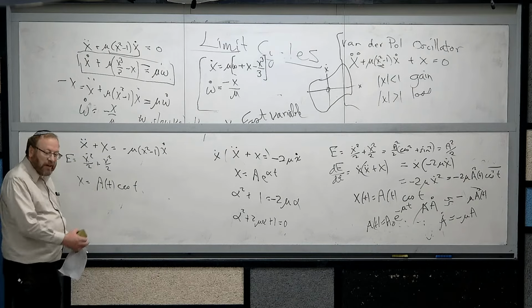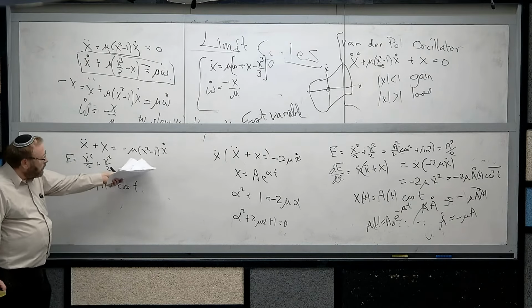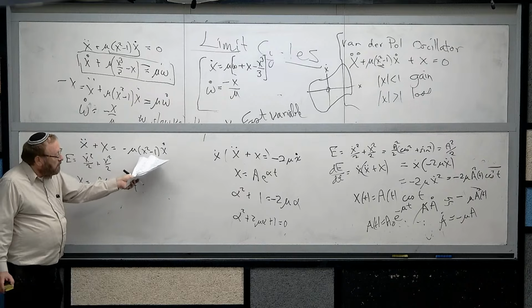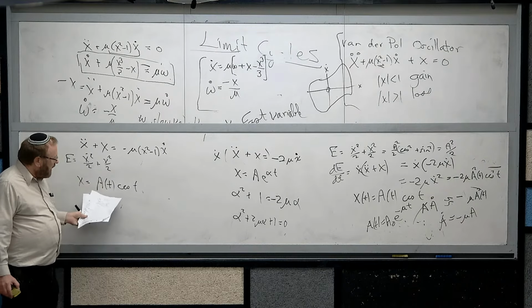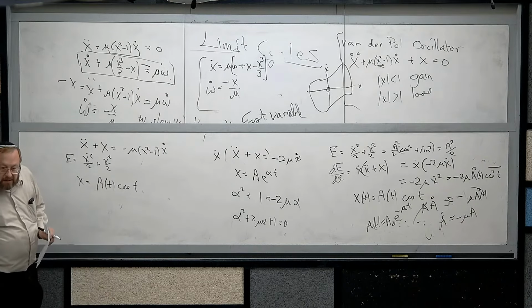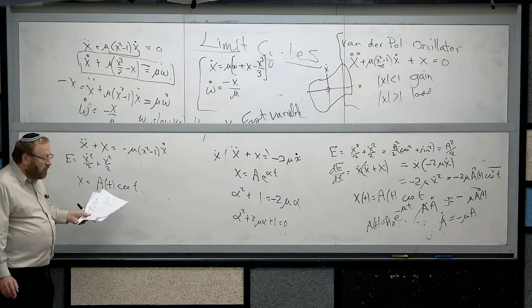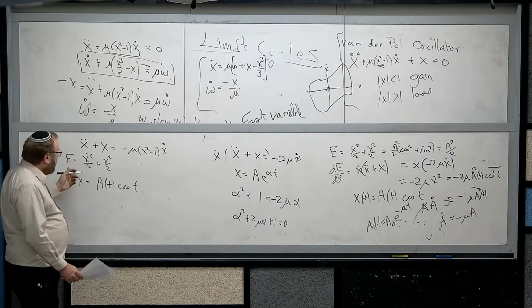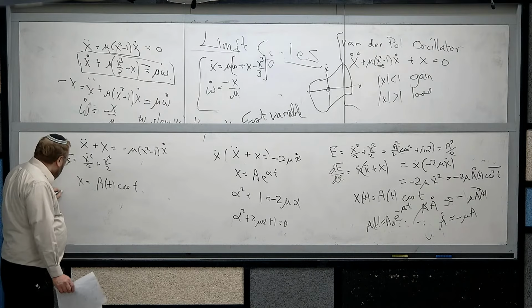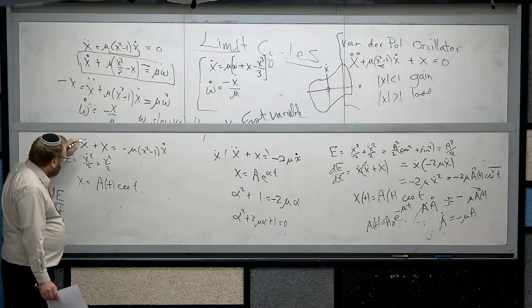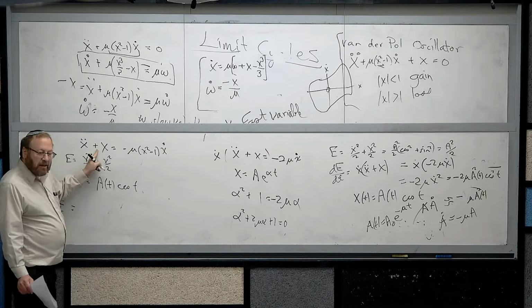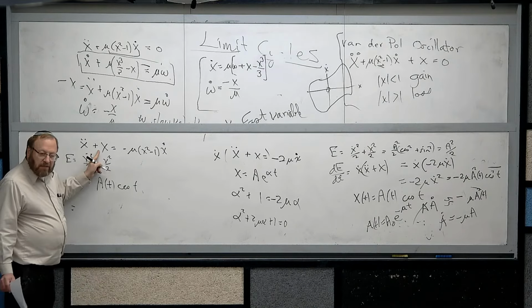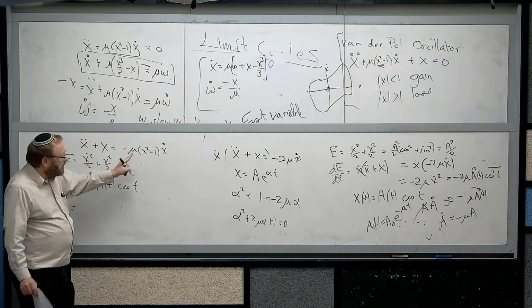So therefore, we have our cosine t, and now we know that this driving is causing a slow change in the amplitude. And now what we have to calculate is E dot again, dE/dt, which is x dot times this thing, as we saw before.